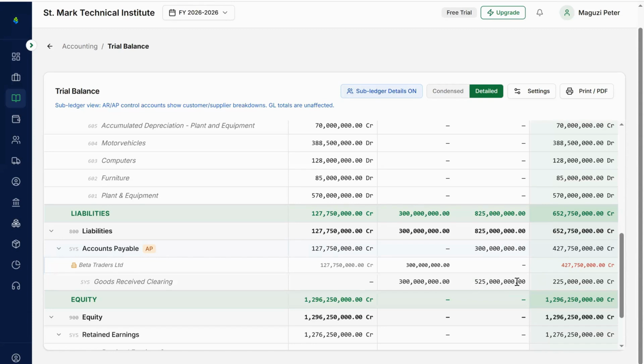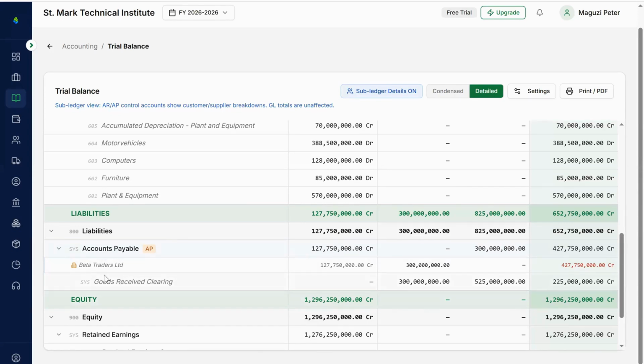You're going to agree with me that the system has actually done the accounting for you, and therefore we have a goods received clearing account, which I'm now going to debit, and then transfer the money to the accounts payable.